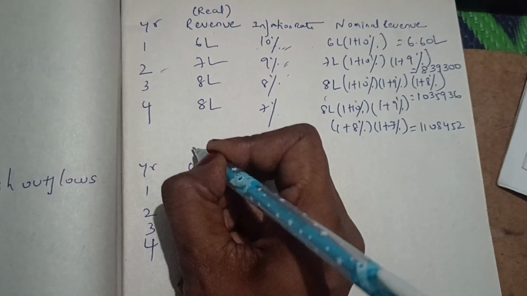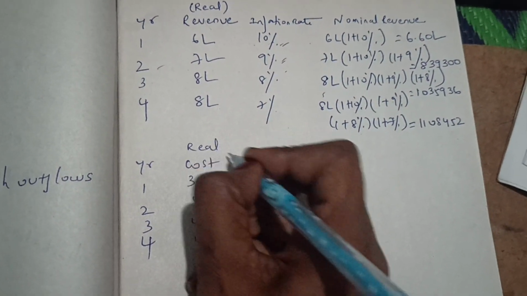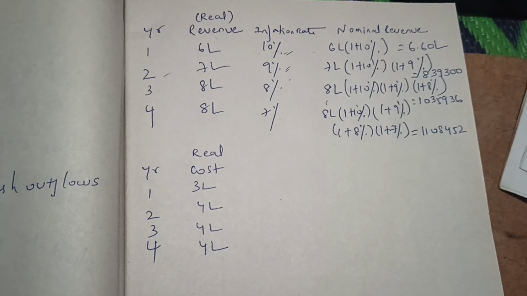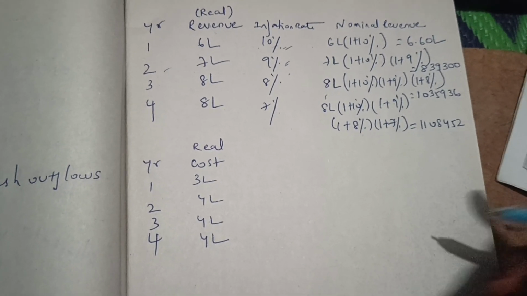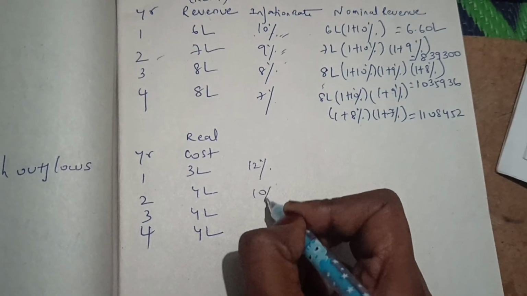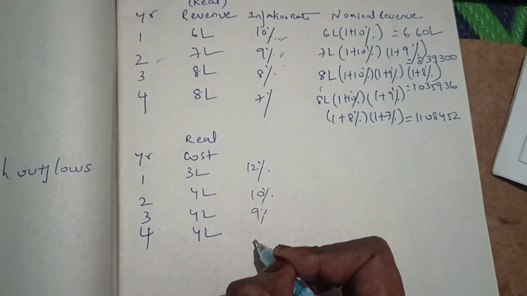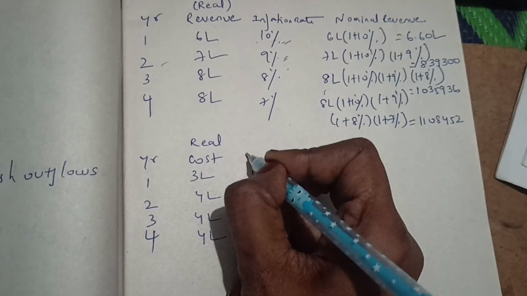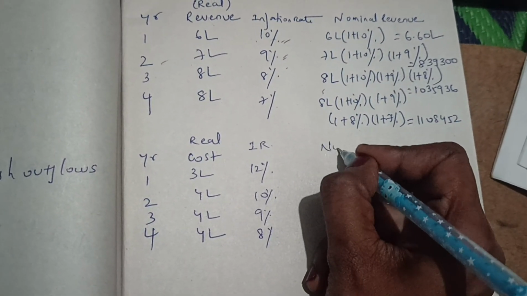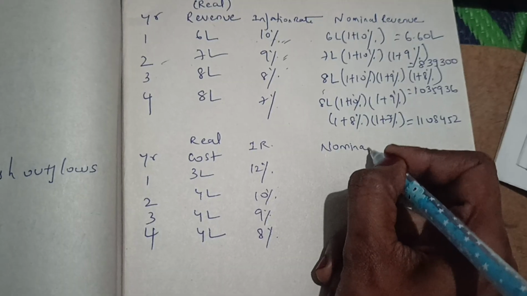This cost is real because in the question they clearly specified without inflation. Inflation rates given in the question are 12%, 10%, 9%, 8%. These are inflation rates. Now we will calculate nominal cost.